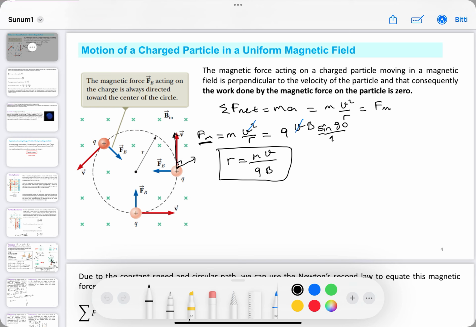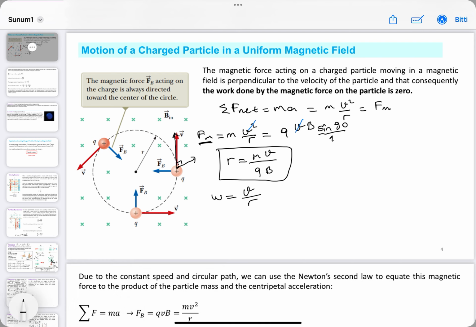Yes, you can use it. I know the angular speed equals velocity over r. Instead of r, I can write this one, v over mv over qB. I can cancel v. Now our angular velocity will be qB over m.